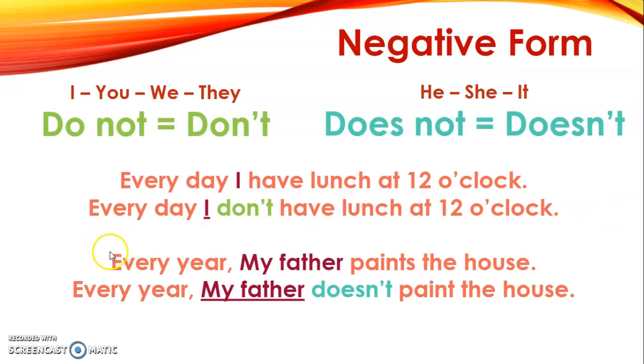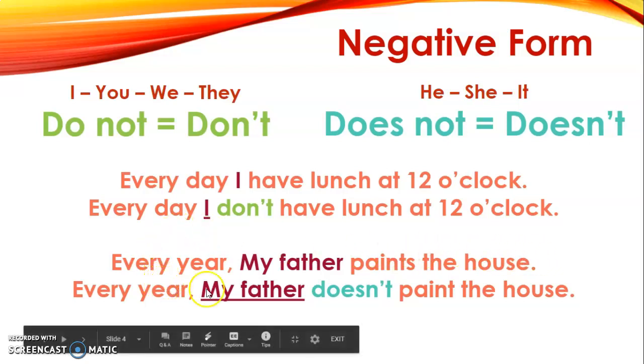The next example. Every year my father paints the house. Cada año mi papá pinta la casa. Y algunos niños dirán, no, mi casa no la pintan cada año. Eso también es una mentira. So let's see the negative form. Every year my father doesn't paint the house.